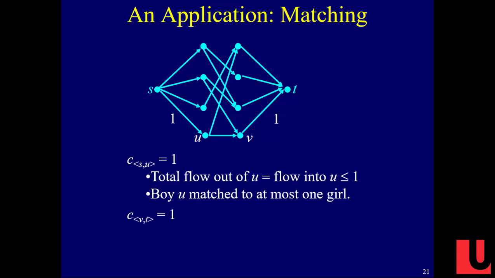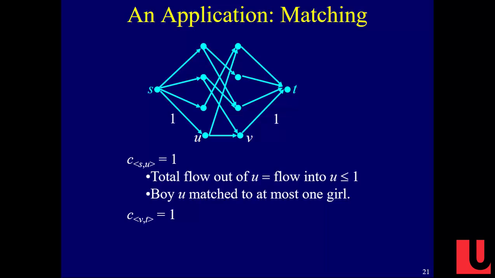So the girl is draining 1, so she has 1 flow out, so she can have at most 1 flow in. Right? Does that make sense? And the capacities in the middle can be infinite, it doesn't matter. And this will give us a good solution. Does that make sense? What if the flow is 2 instead of 1? Well, that would be saying the girl can drain 2, so she could marry 2 boys. Okay. Right? Does that make sense?